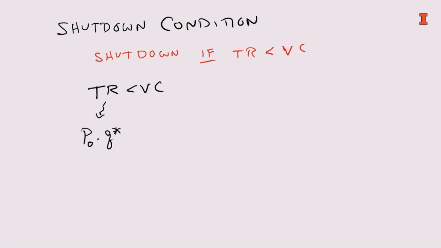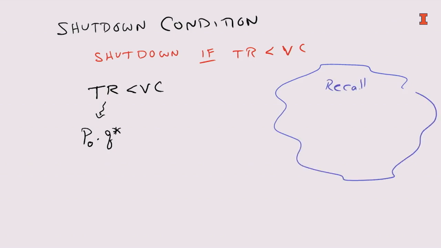That's total revenue, P0 times Q star. And for this term, variable cost, I've got to put a little blurb here. Recall that the definition of average variable cost was equal to variable cost divided by output.